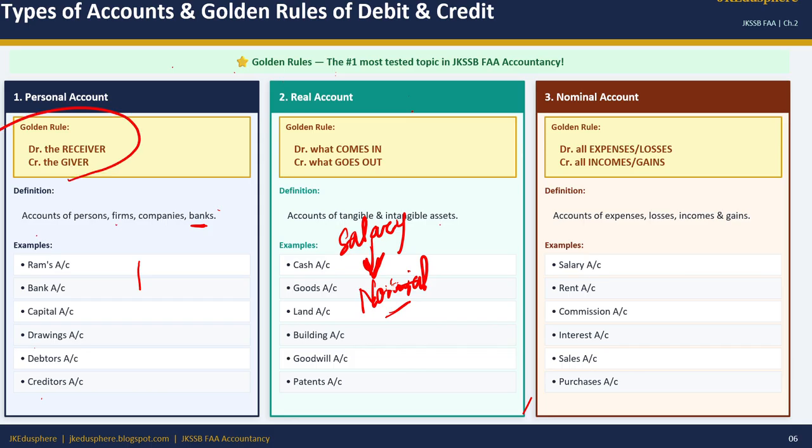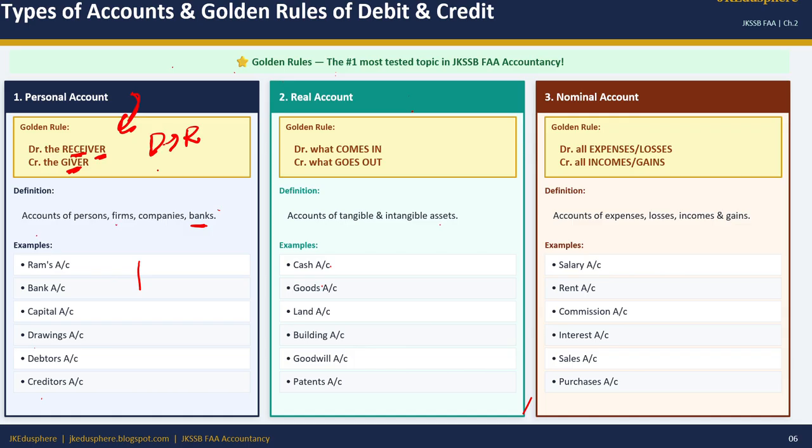So next are these golden rules. These are most important. For personal account, the golden rule is debit the receiver and credit the giver. Debit the receiver, DR and CG. Debit the receiver, credit the giver. This is very important.